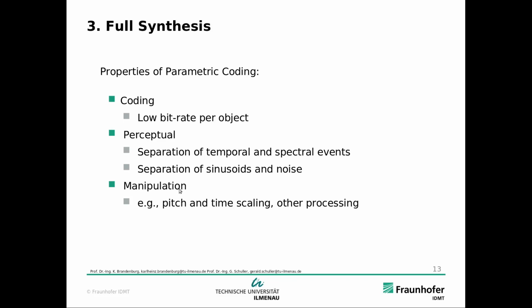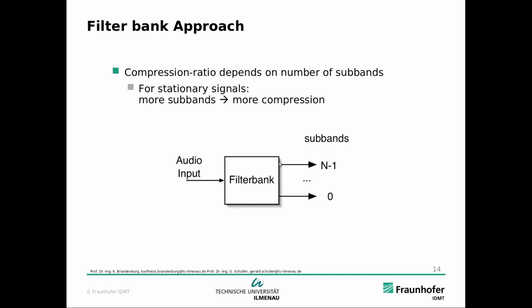So if you have a parametric representation of sounds, we can change those parameters, right? For instance, the pitch. If we have frequencies of sinusoids, we can change the pitch, and also the time duration, time scaling, or other processing. So having a full parametric representation allows us modifications, manipulations more easily.